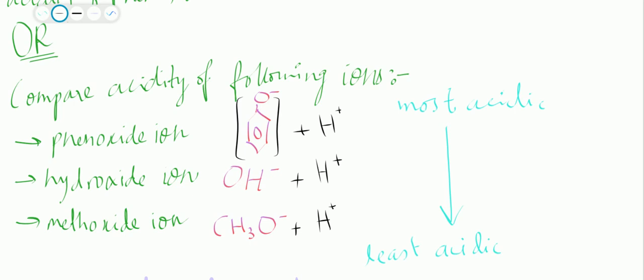So when this negative charge of magnitude 1 is covering a much larger area, that means the electron density or the charge density over here is less.